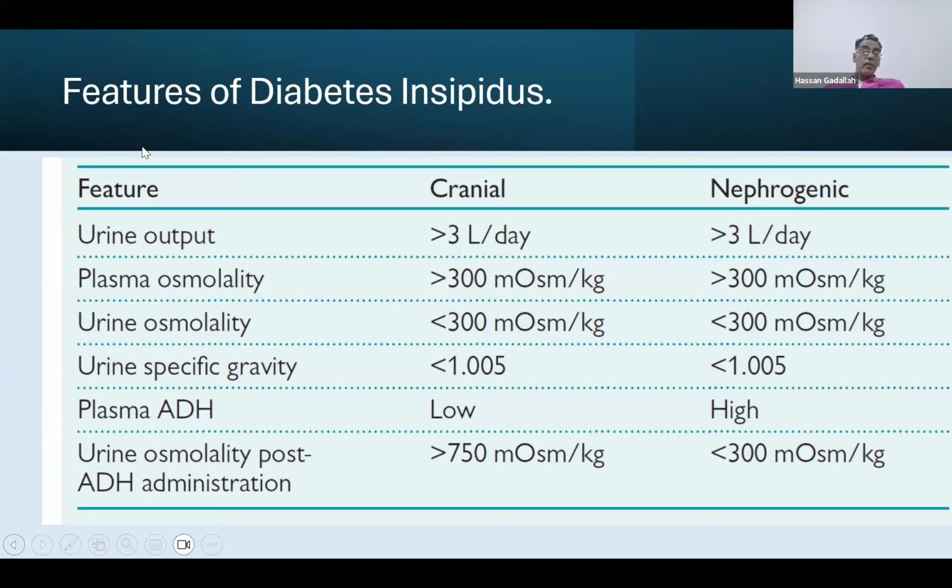For central diabetes insipidus, if you use external antidiuretic hormone, the disorder is resolved, so the kidney responds and conserves free water, leading to increased urine osmolarity. But if we use the same drug in nephrogenic diabetes insipidus, the kidney is not responding, so we don't observe any response of the urine osmolarity to administration of the medication.